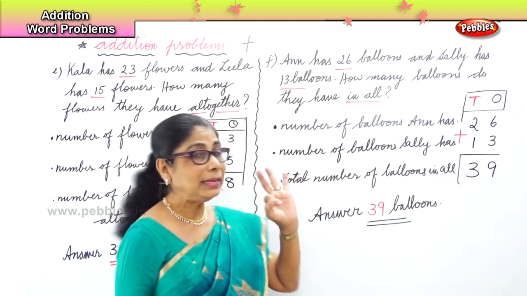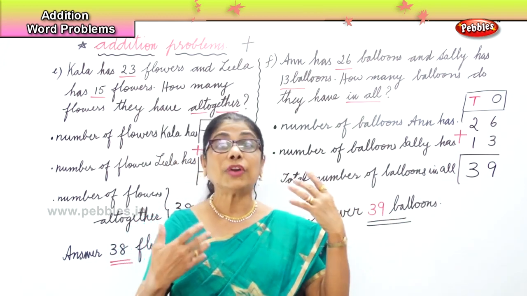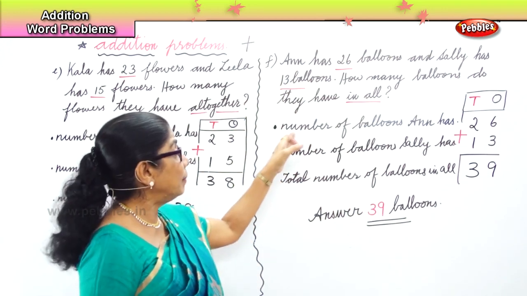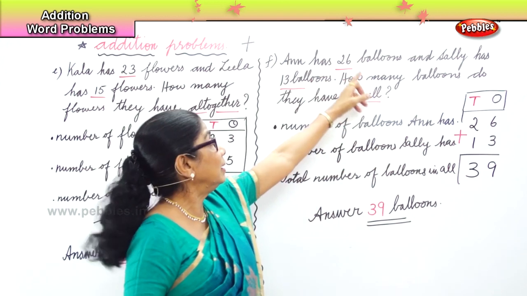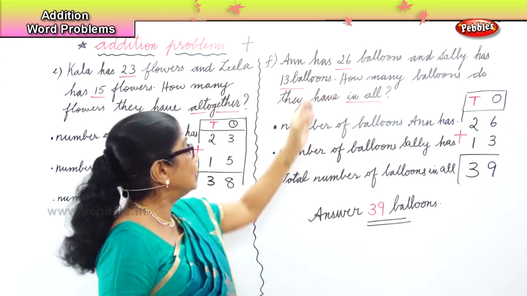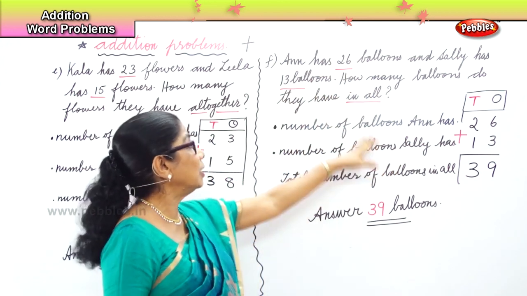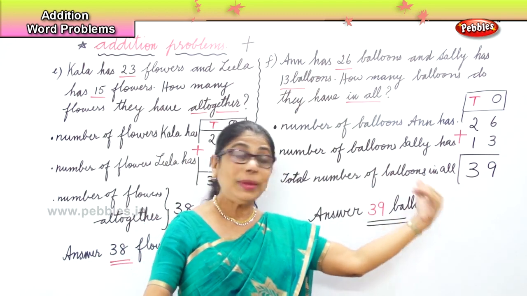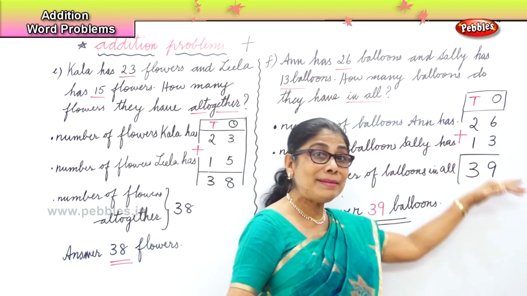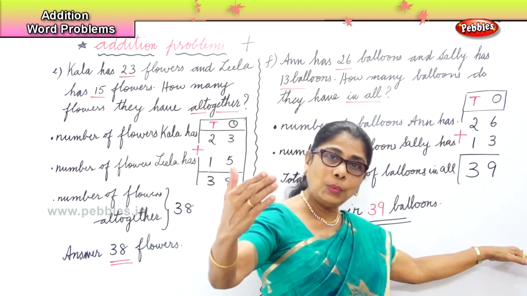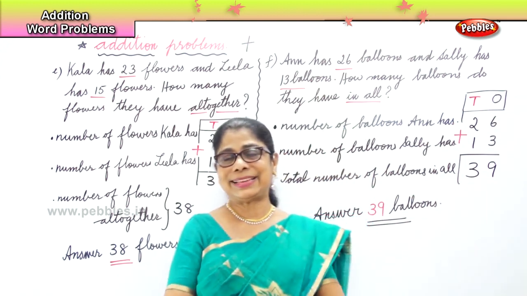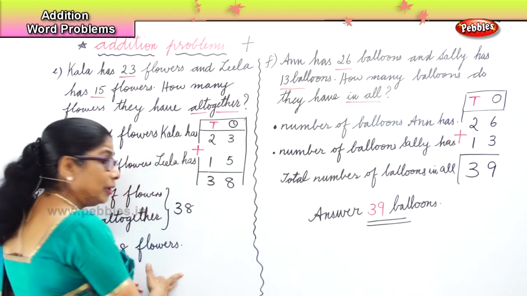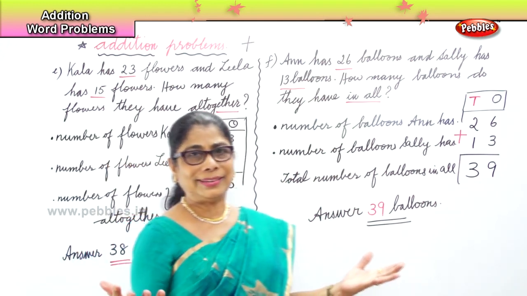Now, there are three statements always for an addition sum. Like this, number of balloons Anne has 26, number of balloons Sally has so much, therefore total number of balloons in all. And then we add and place the numbers correctly. Add the ones first, then the tens. And then write down the answer: how many balloons or how many flowers, how many whatever. Okay?